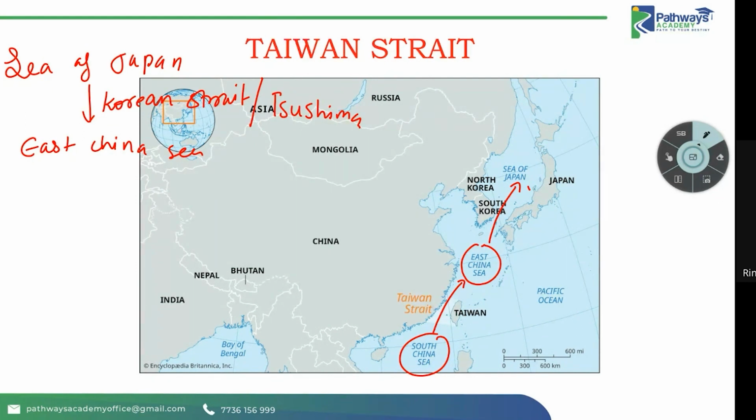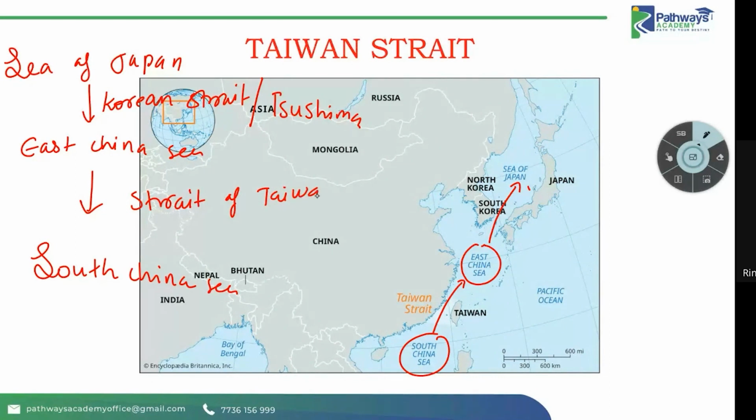And the East China Sea is connected to the South China Sea through the Strait of Taiwan.